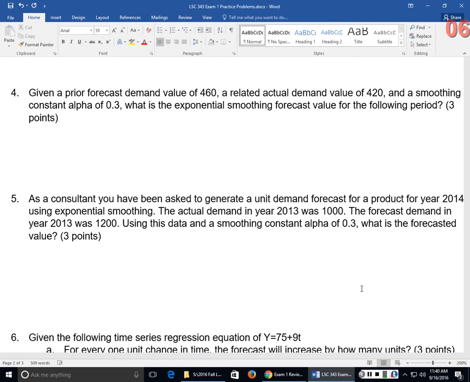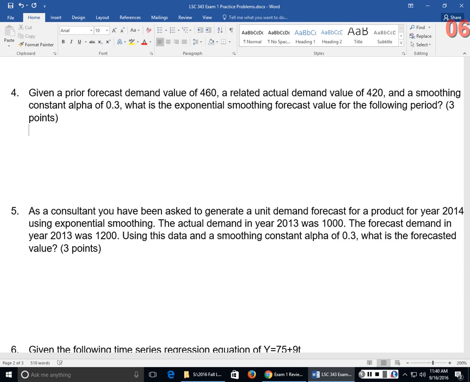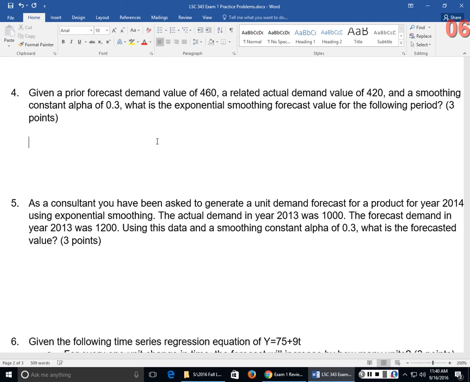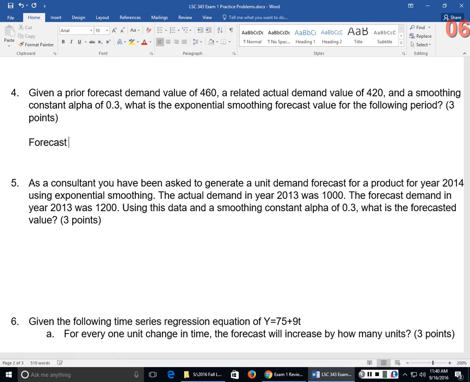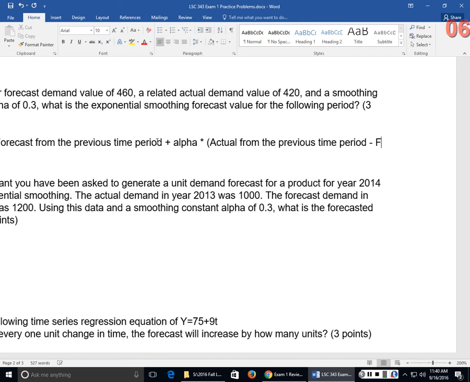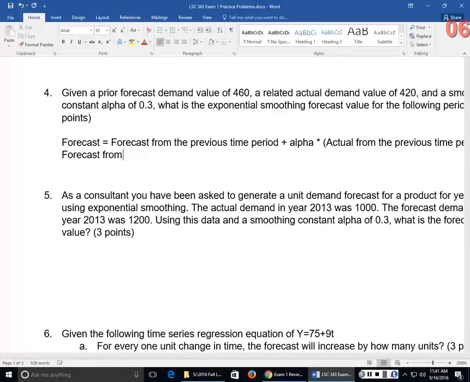So in this example, my forecast for the current time period is the forecast from the previous time period plus alpha times my forecast error, which is my actual from the previous time period minus my forecast from the previous time period.